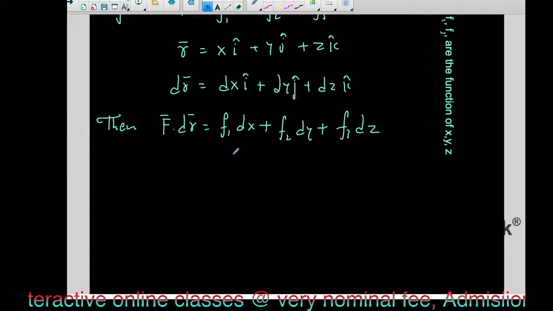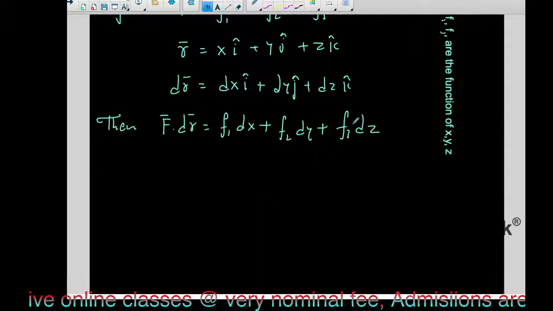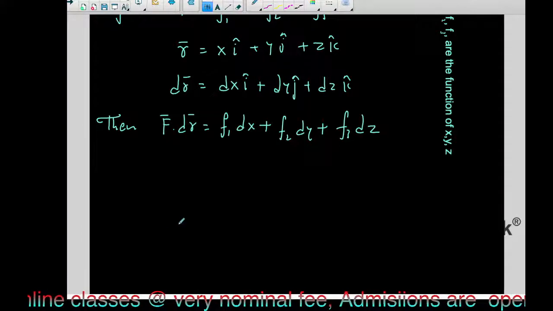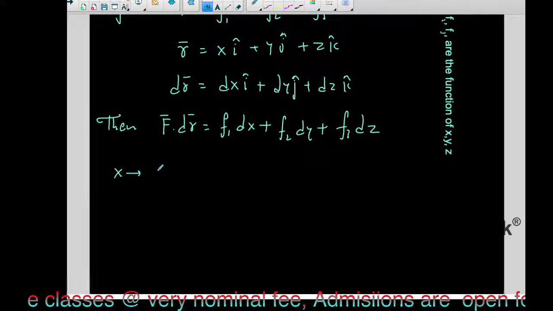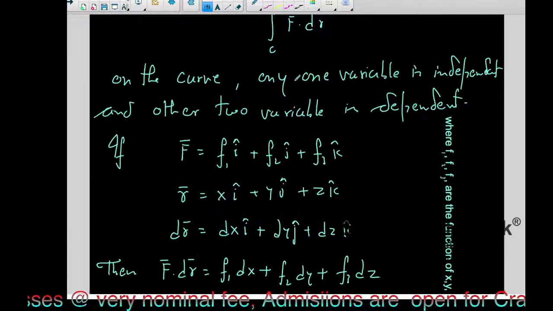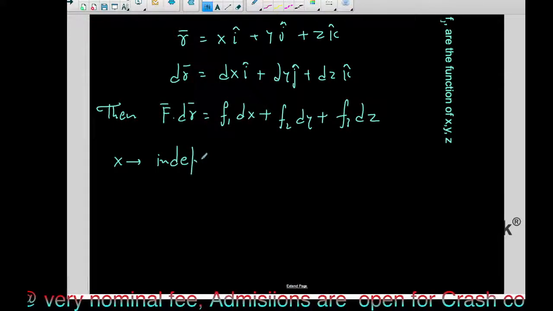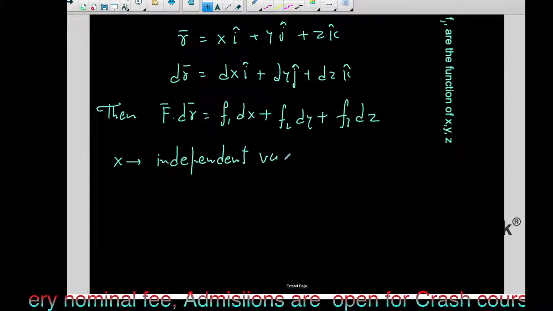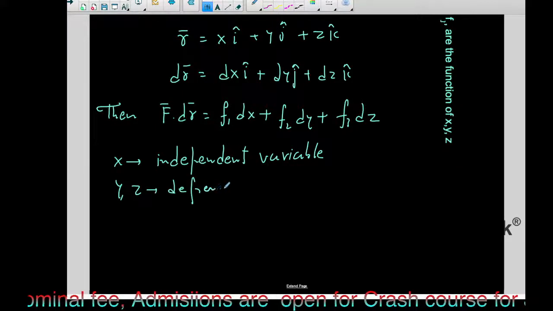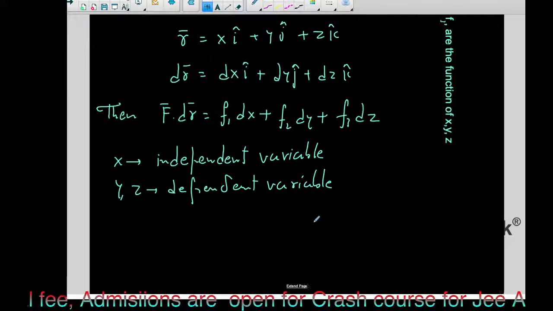Sometimes the question may be like this: if we take x as an independent variable, y and z can be expressed in terms of x using the equation of the curve, as per the situation. You can consider any one of them as the independent variable and the other two variables are dependent. So let's say x is the independent variable, and y and z are dependent variables. You can change this according to the definition provided.